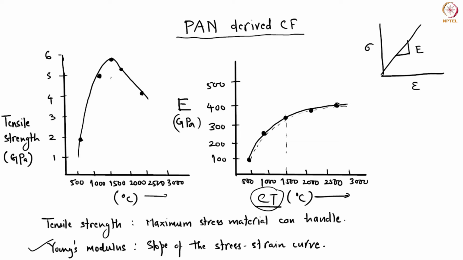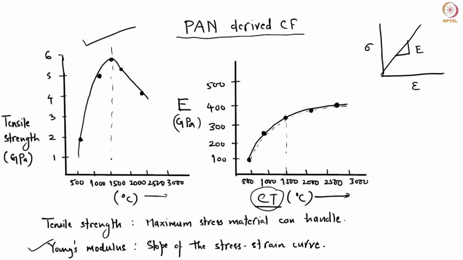There is another property which is known as the tensile strength. What is tensile strength? Whenever you're thinking in terms of a wire or fiber-like structure, it is the maximum stress that your fiber can handle; above that, it will break. So that is your tensile strength. Now, if you see this curve, the tensile strength of your PAN-derived carbon fibers increases up to, let's say, 1500, but after that, it decreases.